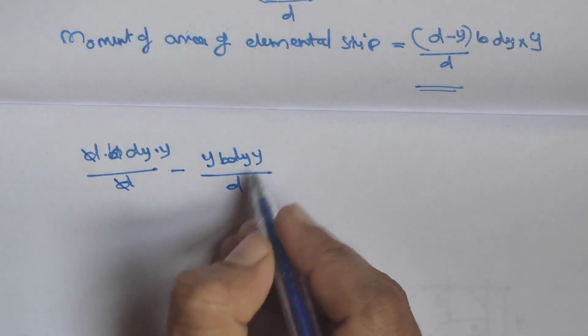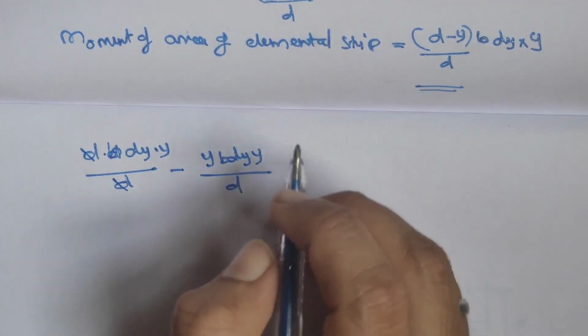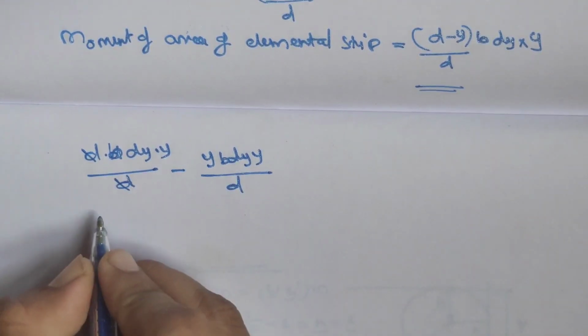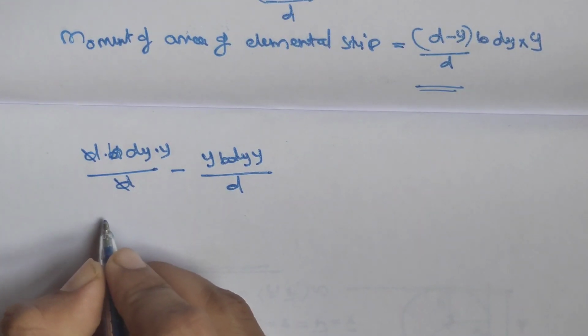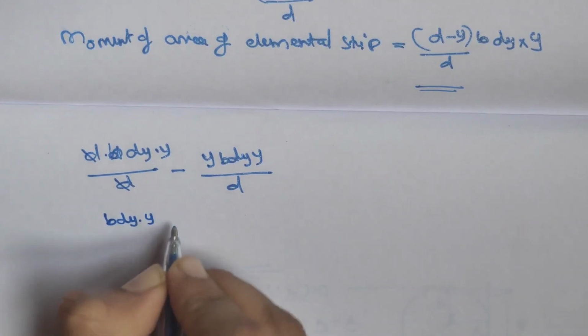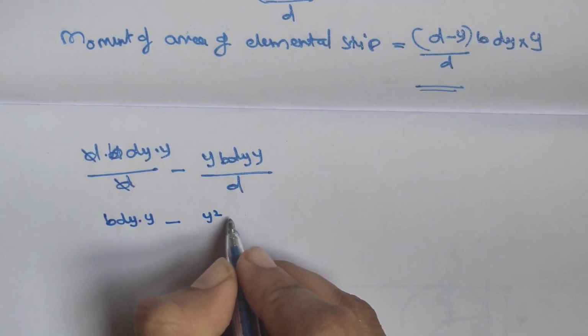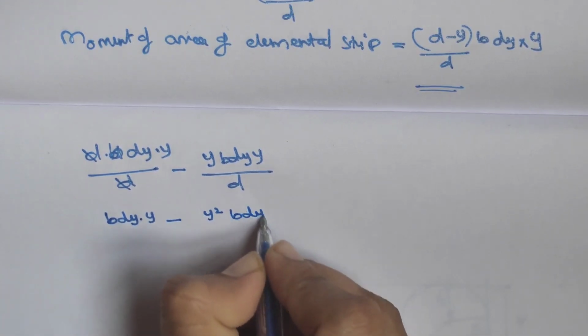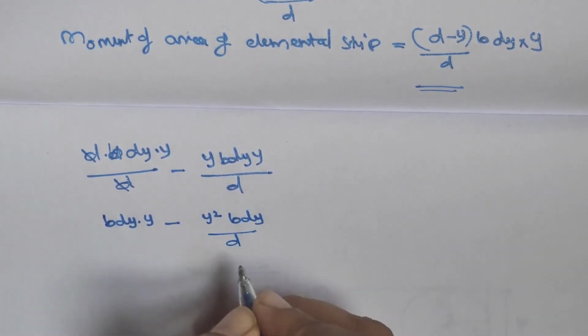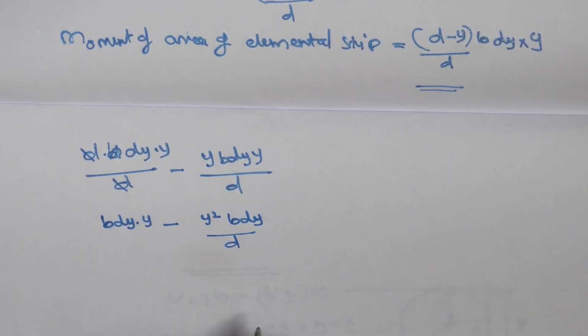Now y into y, we will get y square. So we can write this equation as B dy into y minus y square B dy by D. This will be the equation. Now what we got is the moment of area of the elemental strip.